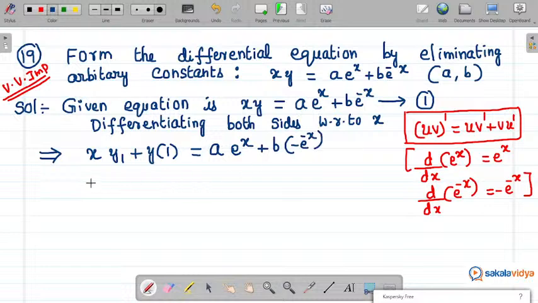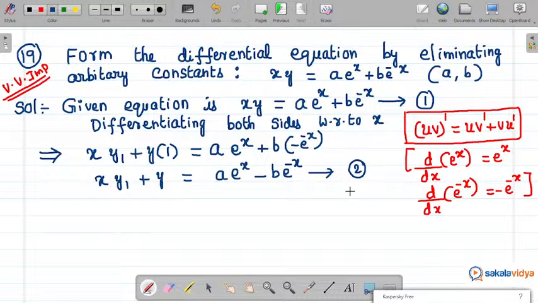So we can write x y1 plus y is equal to a e power x minus b e power minus x. Say equation 2.